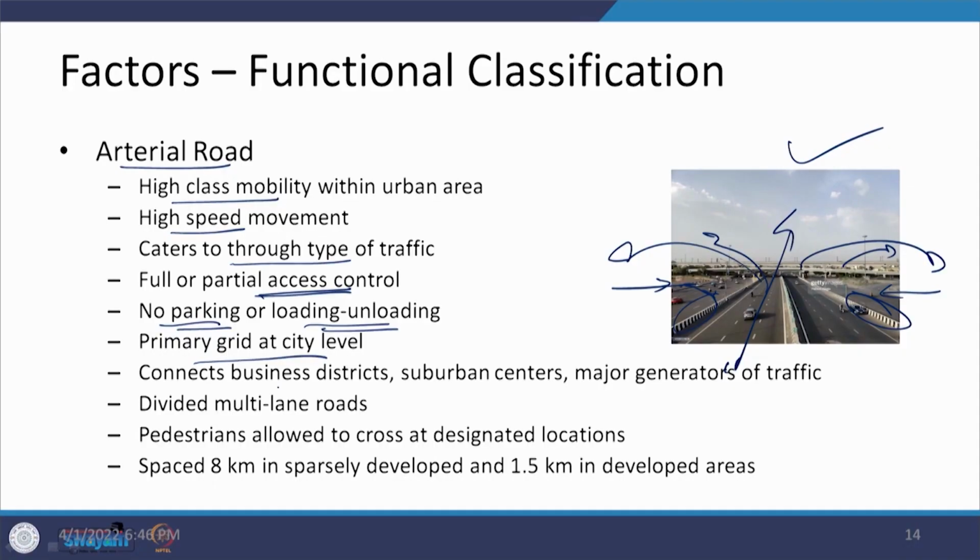They are the primary grid at the city level. They connect the business centers, suburban centers, and major generators of traffic within a city. Usually they are divided multi-lane roads. Pedestrians are not allowed to cross them.